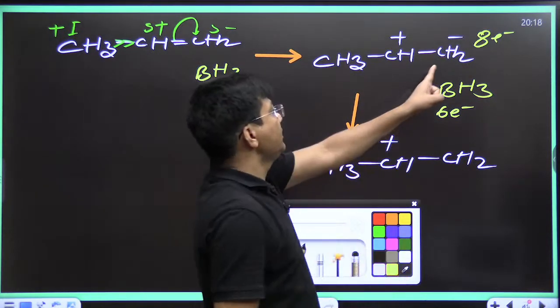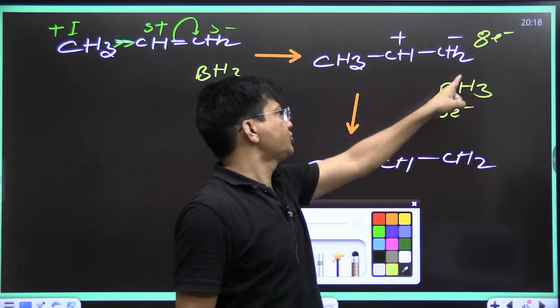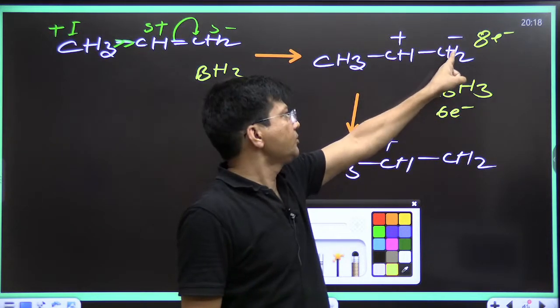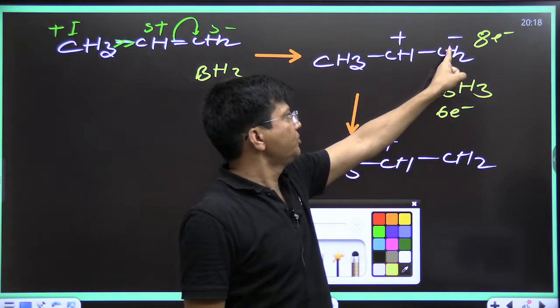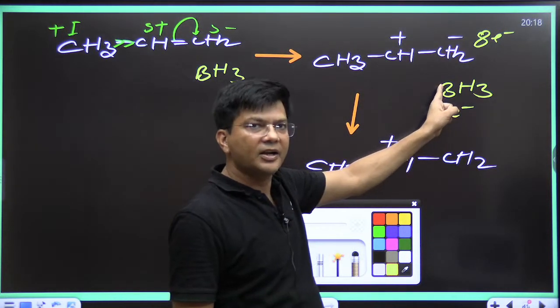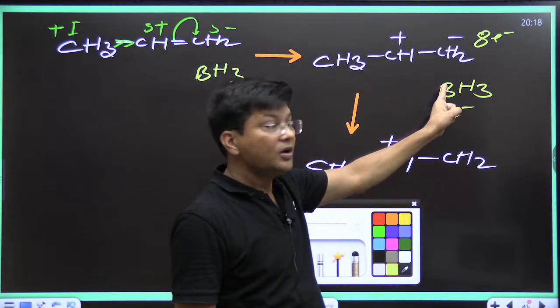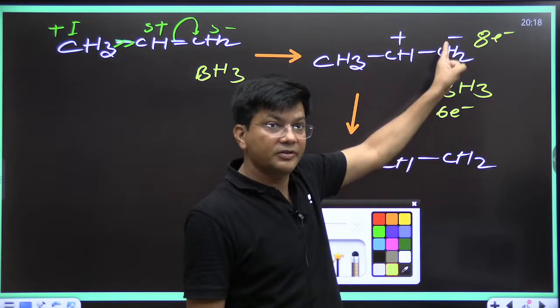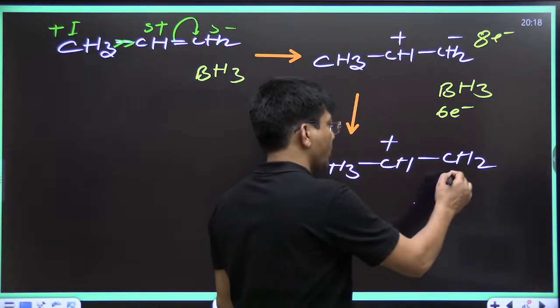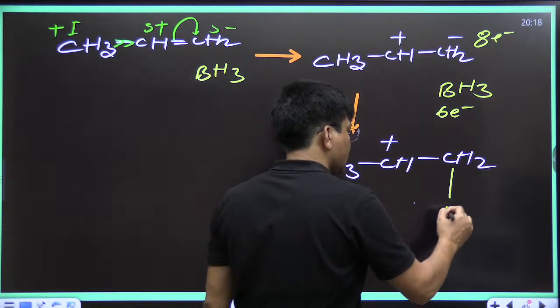Now boron will snatch one electron from carbon. When boron snatches one electron from this carbon, boron will have 7 electrons along with a negative charge, and that carbon will become neutral with 7 electrons. Those 7 and 7 will form one new bond. Now it will look like this.